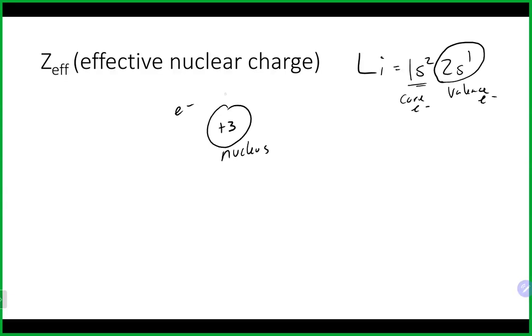We have 2 of these lower energy electrons, and we have our valence electron.